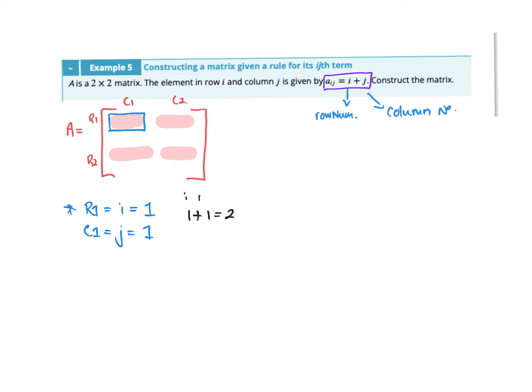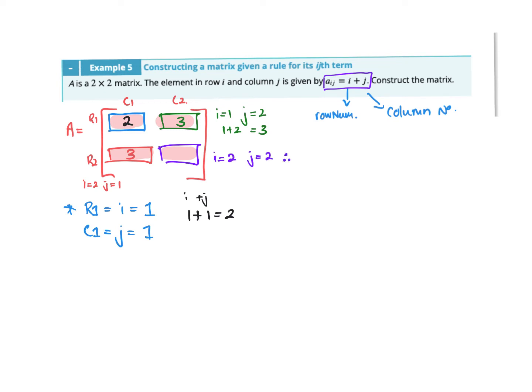So I did i plus j, and I know that one's 2. Now, this one up here has i equals 1, but j equals 2. So 1 plus 2 equals 3, and I know 3 goes in there. This one down here has i equals 2, but j equals 1. So 2 plus 1 is 3. And the last one here, i is in row 2, so i is 2, and it's in column 2, so j equals 2.